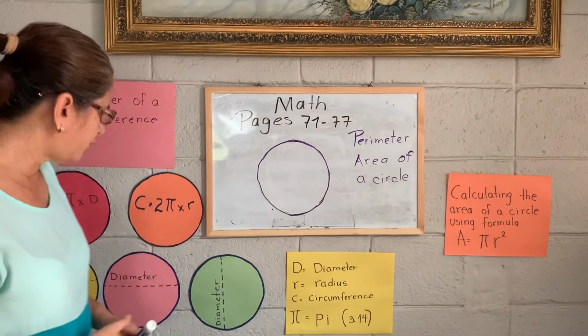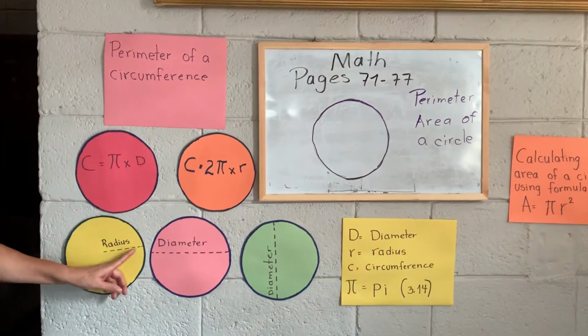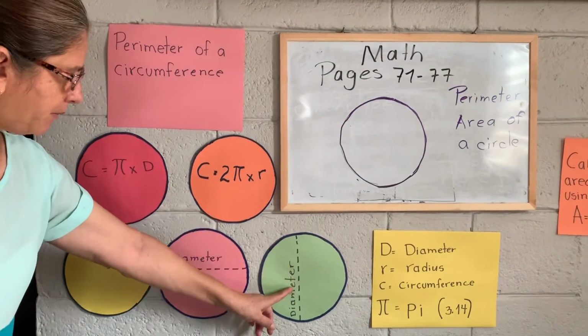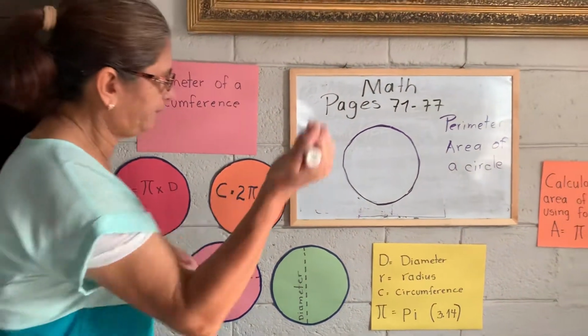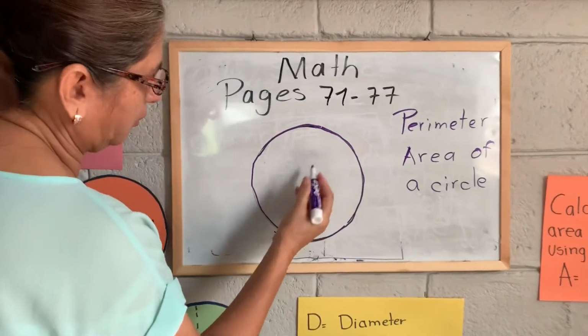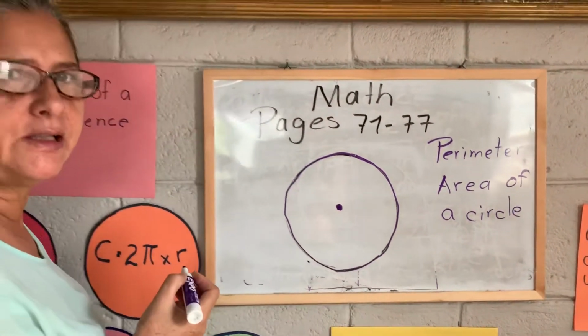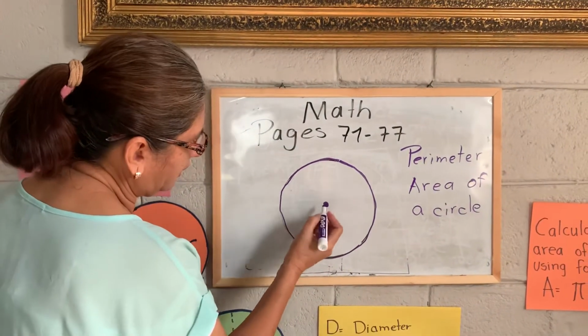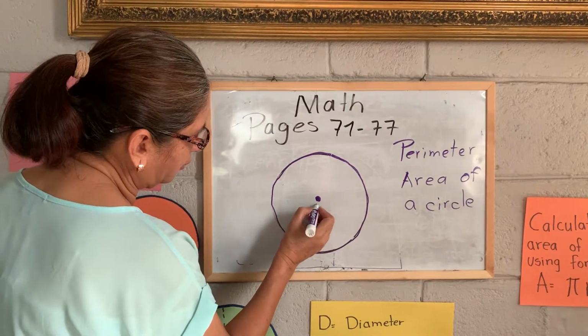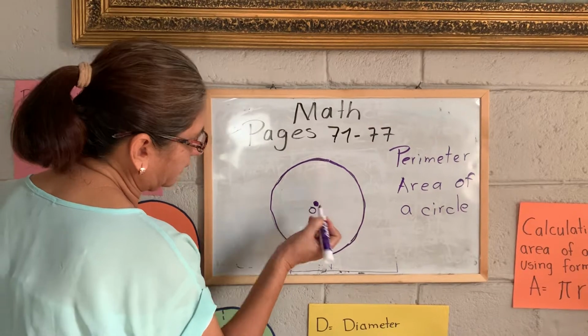Okay, I'm going to show you what the radius and the diameter are. What is the radius? I want you to see this circle. This is the point, the center of the circle. And we represent the center of the circle with O, okay?